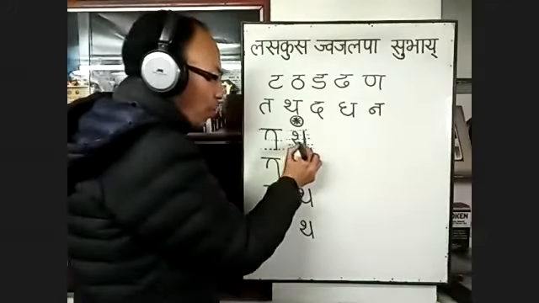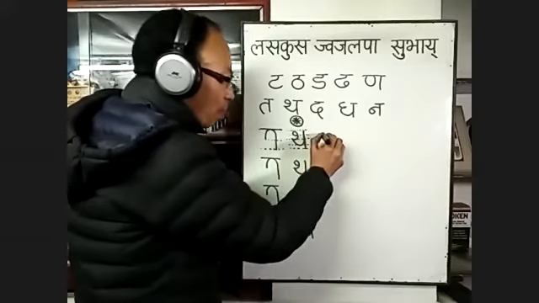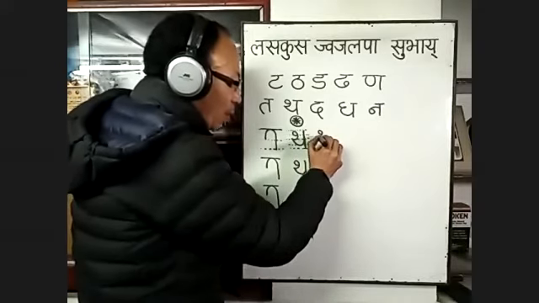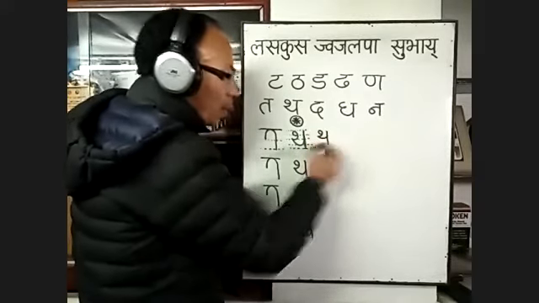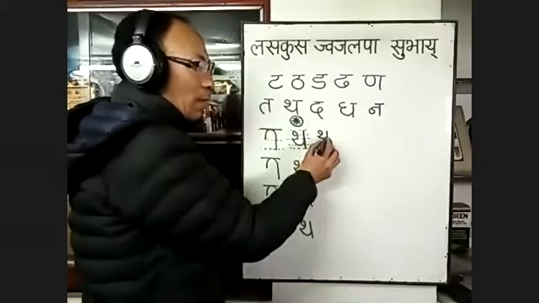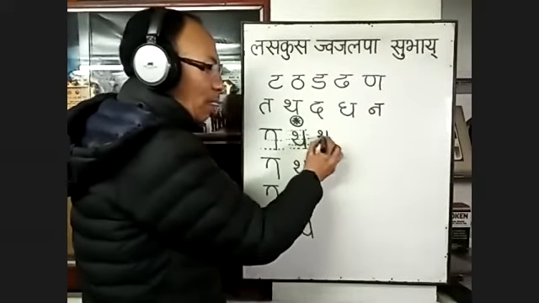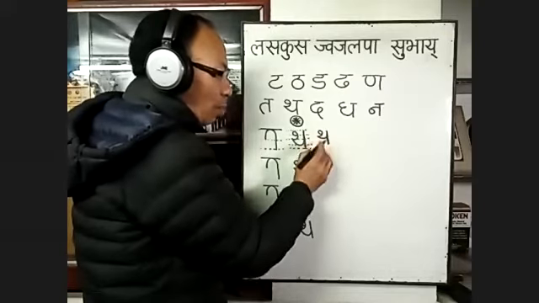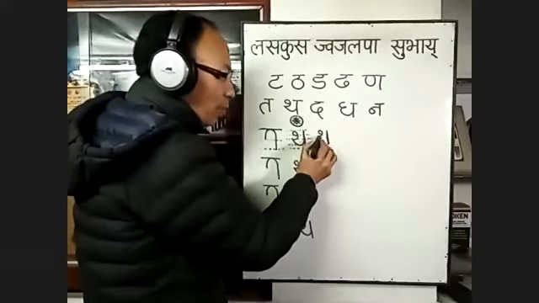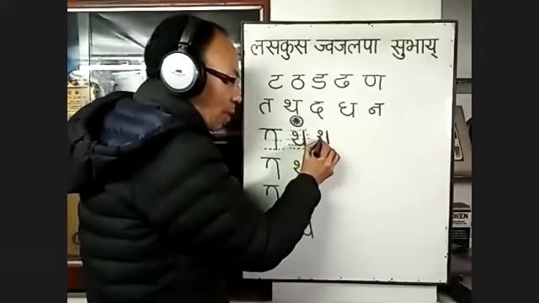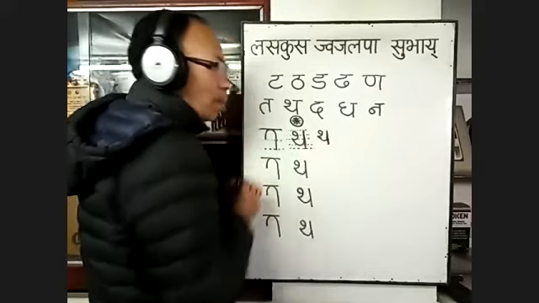It shouldn't be straight. Some people write it down like this, but it doesn't look good. So it is better that you just give a little down and then go up.